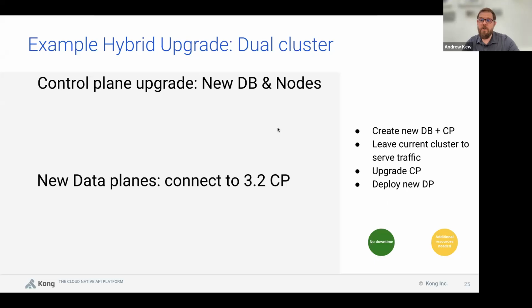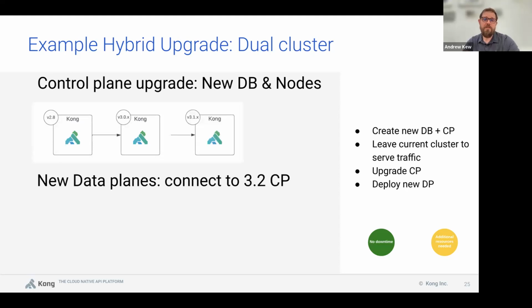Well, effectively what you do is you create a new database, as mentioned before, and then you upgrade your control plane to the first version, and you do the schema upgrades for that version. You then upgrade to 3.1, do the schema updates, update to 3.2, do that. And then once you've done that, you effectively just deploy a new version of your data planes for the target version that you've ended up on.